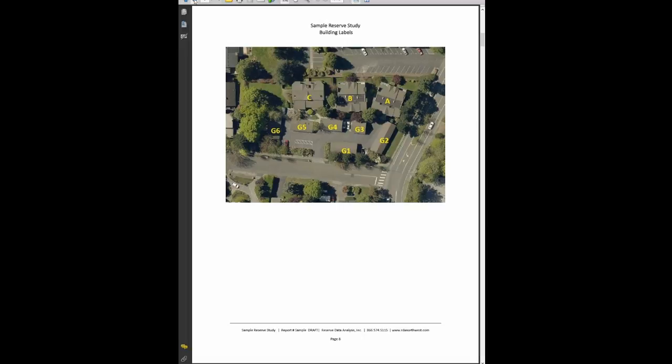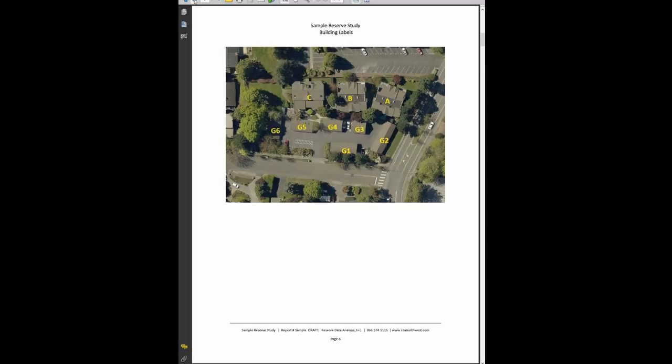Next, we'll often include building labels or a site map, just so a reader has an understanding of how we broke down different things in the community. Oftentimes we'll label them, as we have in this example, A building, B building, C building. The G's down there, those are all garages. So garage 1, 2, 3, 4, 5, and 6.